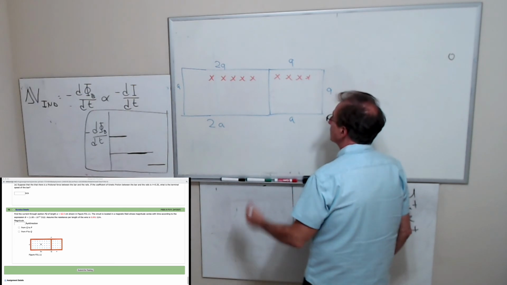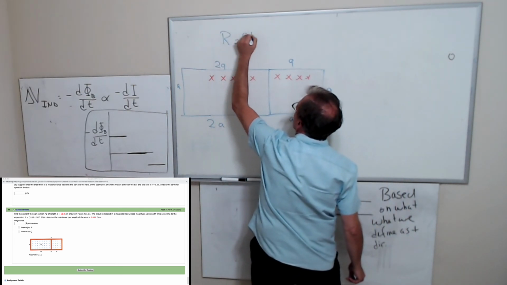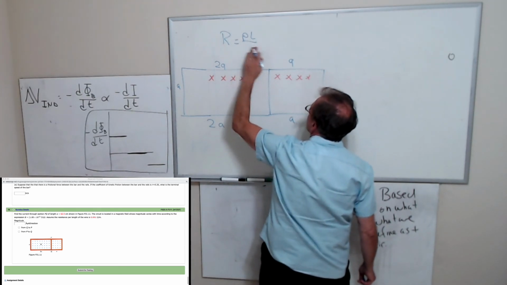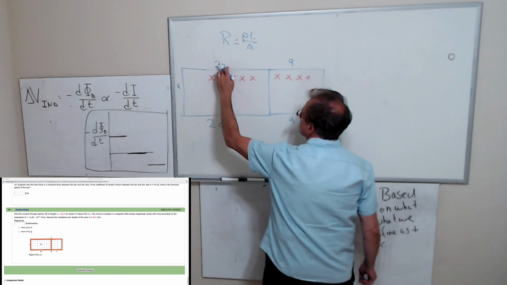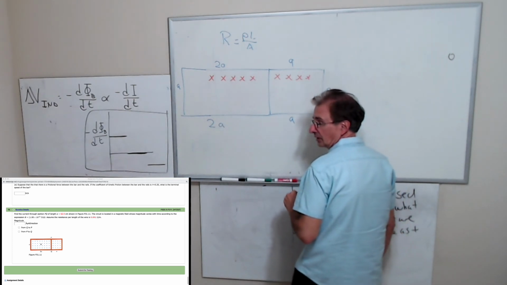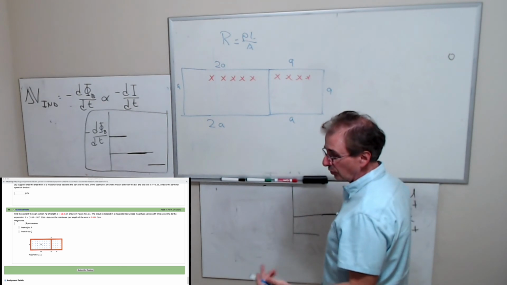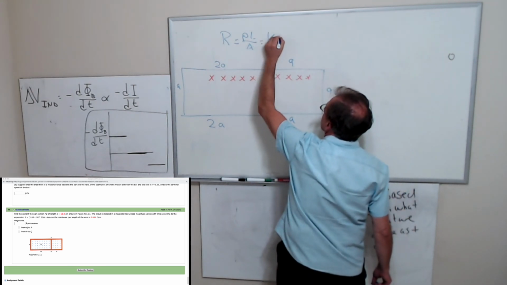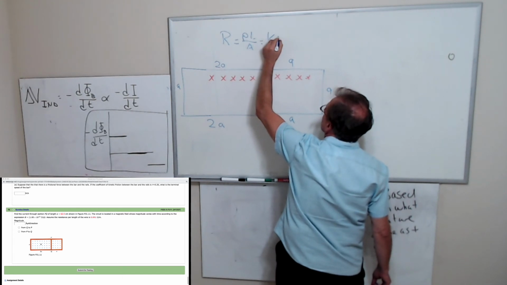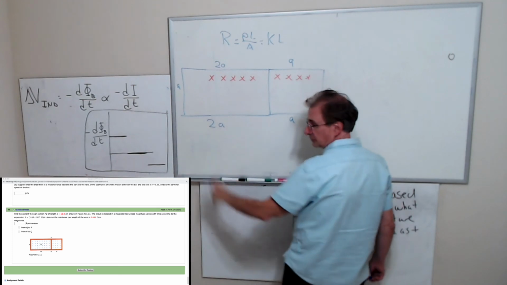So really the resistance of each side is like rho L over A, rho L over A, where L are the lengths. And they give you the resistance just per unit of length, so I'm going to write it like this: some constant times the length, which is going to be 2A or A or some other thing.